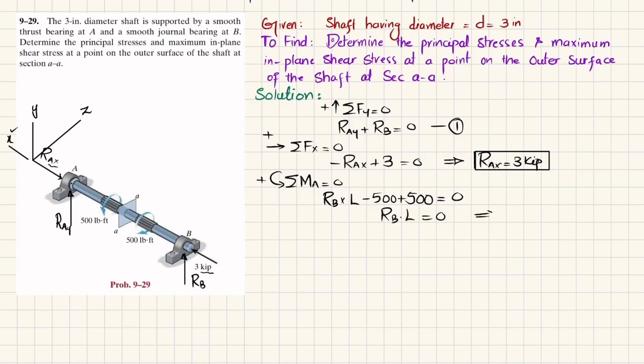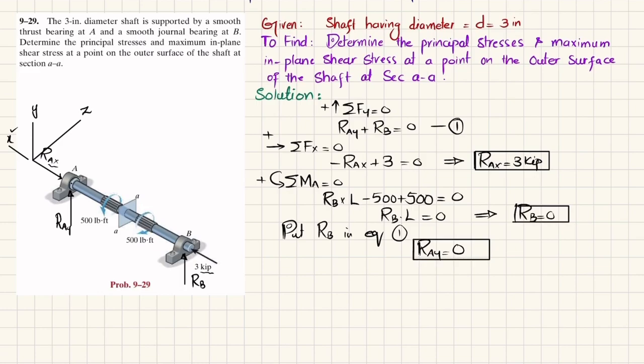From here length cannot be 0, so it means that RB is equal to 0. Now you have RB equal to 0, so put RB in equation number 1. So you will get RAY is also equal to 0.